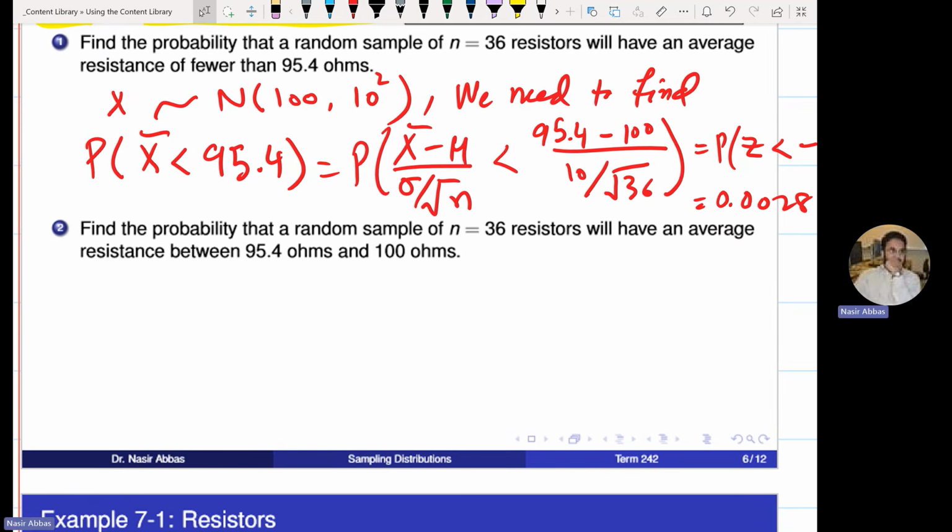Quickly, next question. Find the probability that a random sample of 36 resistors will have an average between 95.4 and 100. What is required? Convert it to Z, or first convert it to CDF.